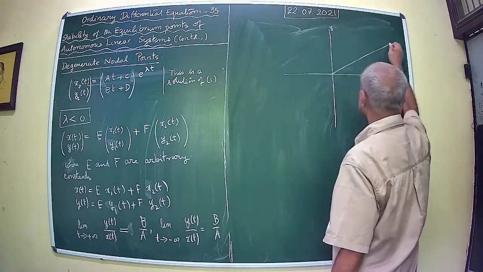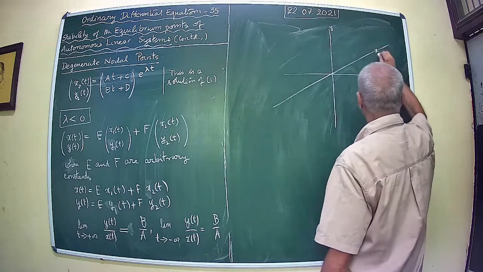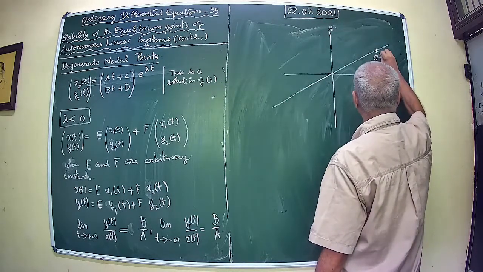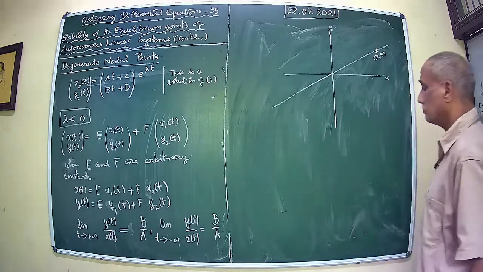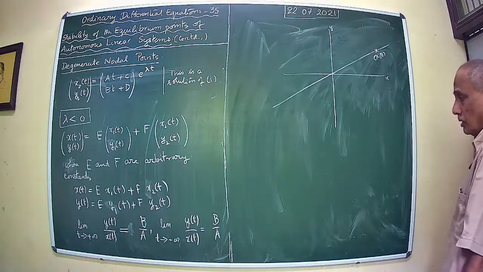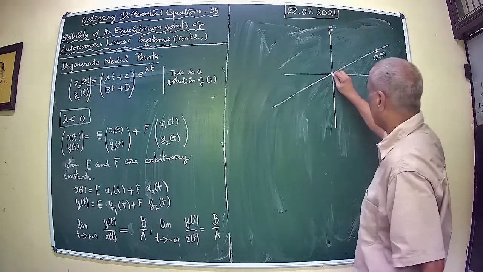Suppose this is the direction AB, and this is the equilibrium point.